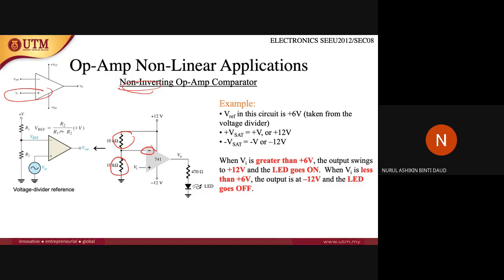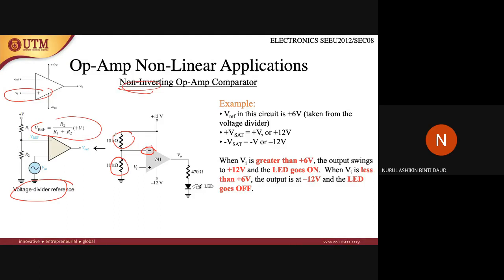So how to solve? Again, like what we have learned before, use the voltage divider reference. You have to use V Thevenin and R Thevenin to solve this, so you have to recap our previous lesson.